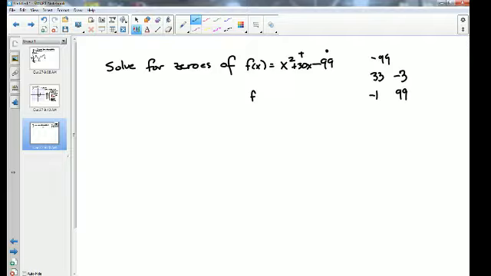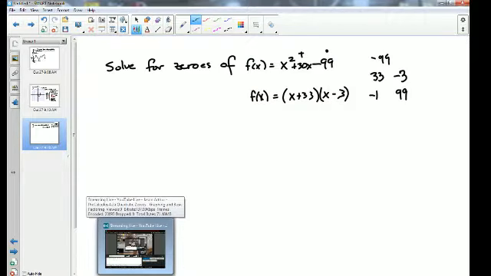So, Micah, what are my factors? X plus 33. Then X will be minus 3. Okay? At this point, a lot of you can look at this and say, I know the zeros.